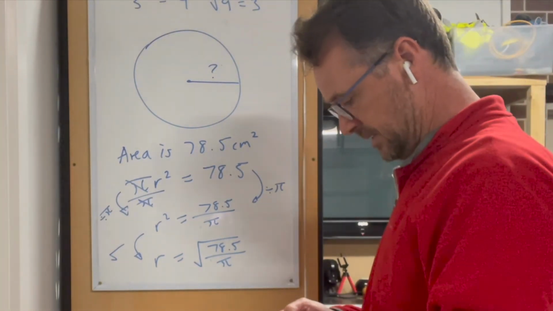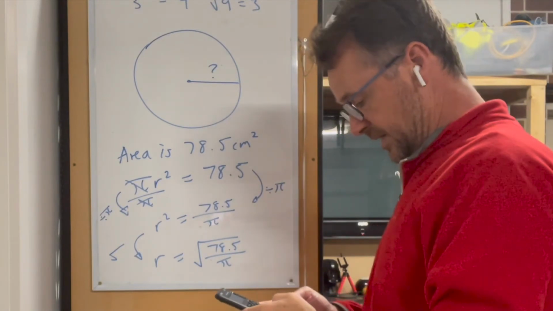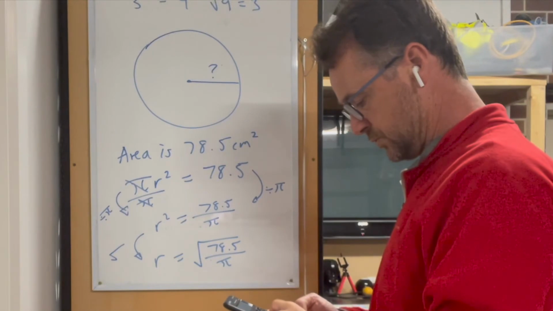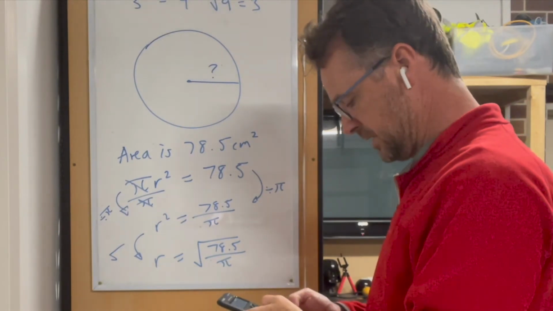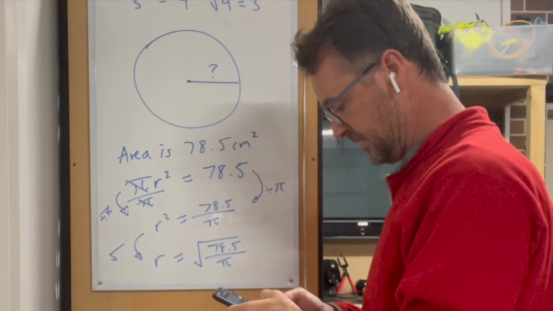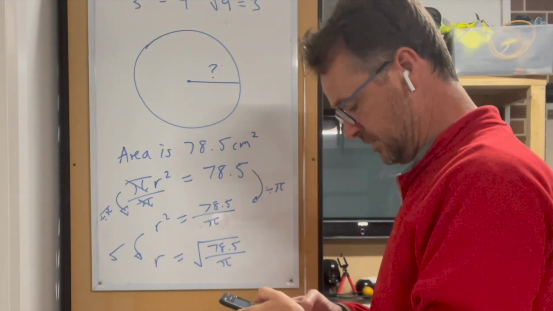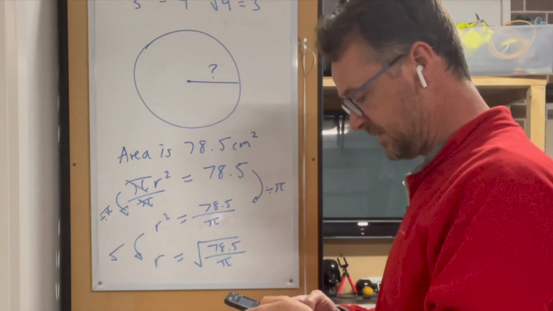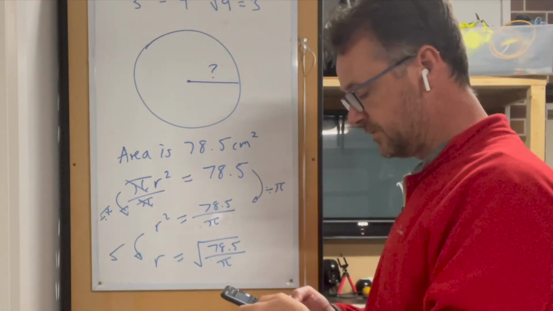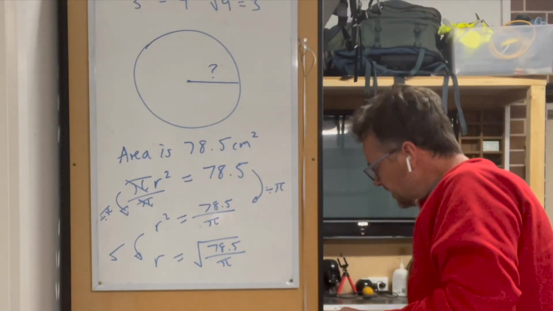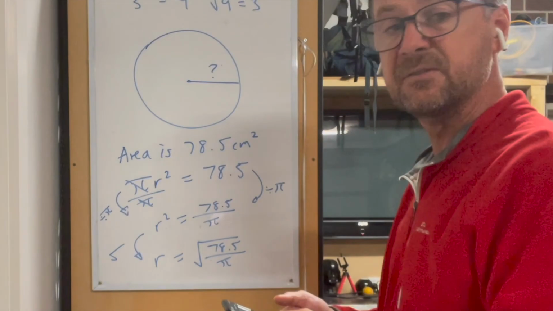We have square root, 78.5, and down below we have pi, and then equals, and that will equal 4.998, which rounding off to the nearest centimetre would be 5 centimetres.